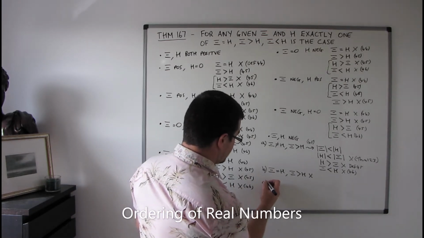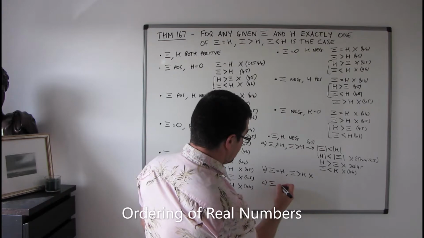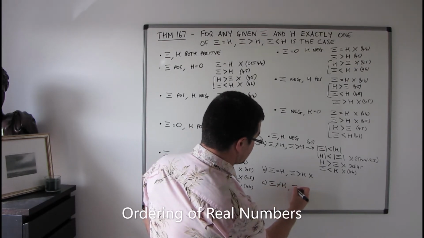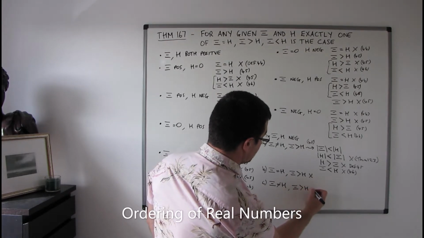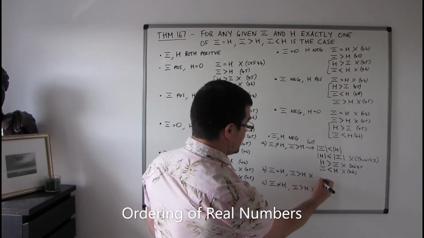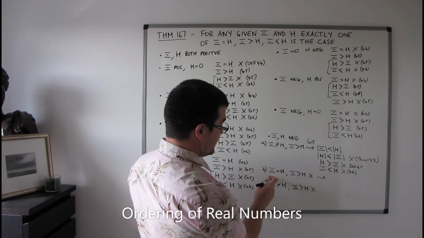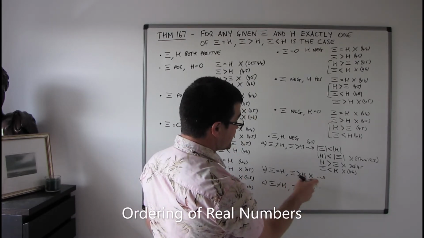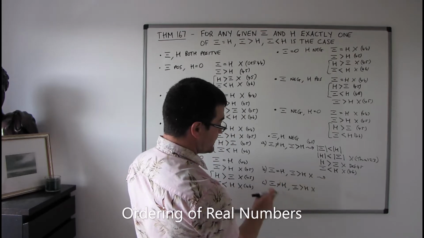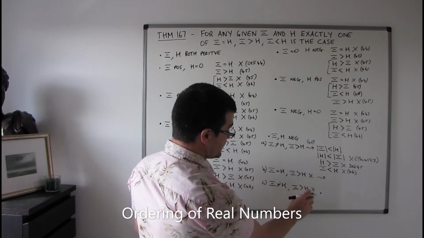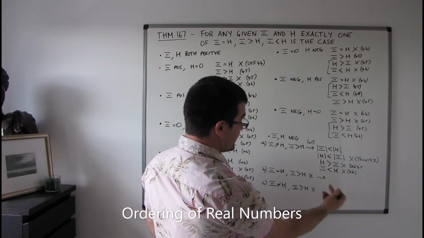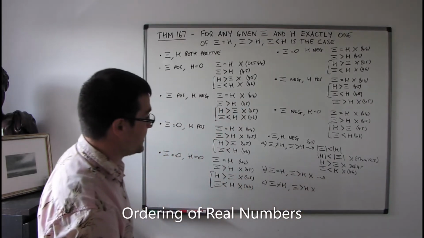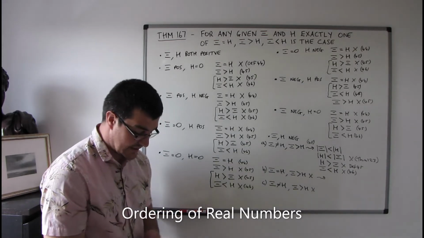And in the third case, we consider that psi is not equal to eta, and also that psi greater than eta does not hold. So in this case, we'd hope to show that psi is less than eta does obtain. But I don't have space to do it, so I'm just going to leave that off.